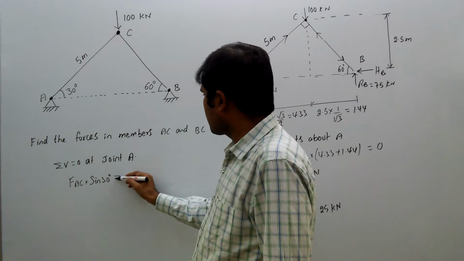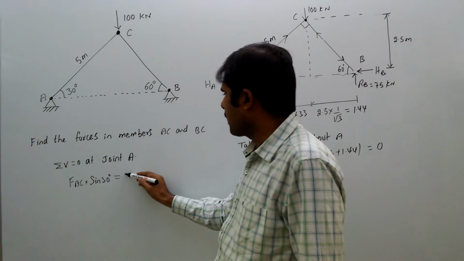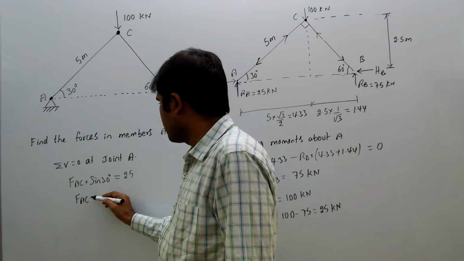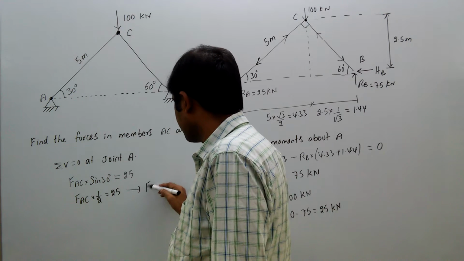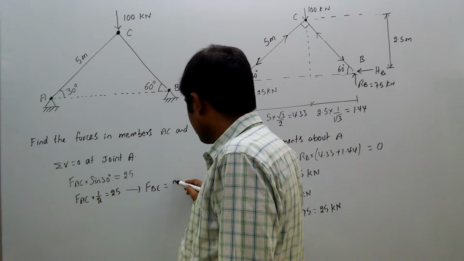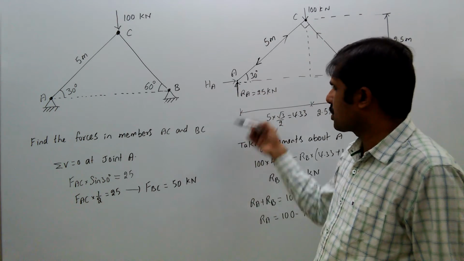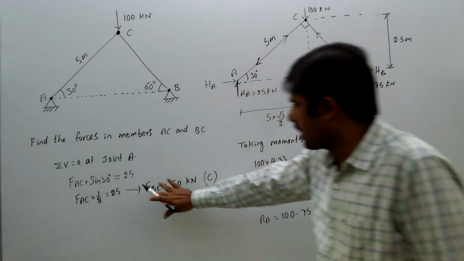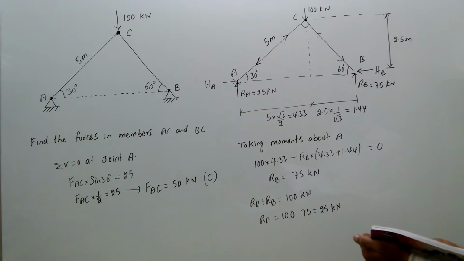That is equal to, because the vertical component will act downwards, the upward component is 25. That will be balanced by 25. That's why force in AC sin 30, which is half, equal to 25. From that we can tell that force in AC equal to 50 kilonewtons. So assumed direction is correct only. We got positive only. So assumed direction is compressive. Force in AC is 50 kilonewtons.